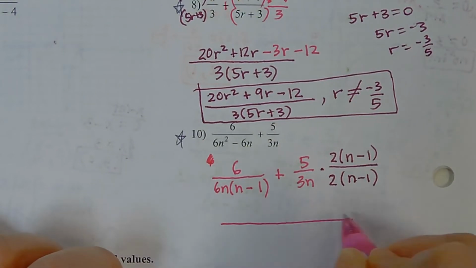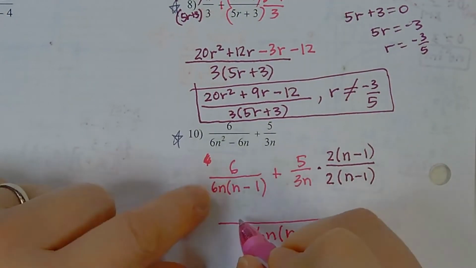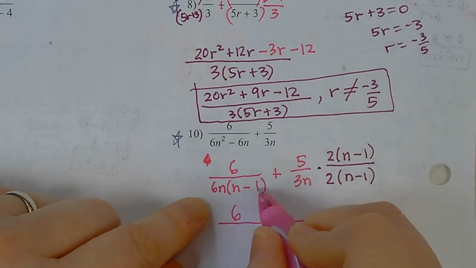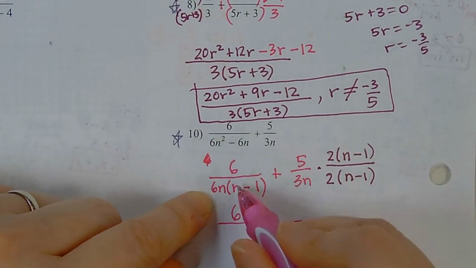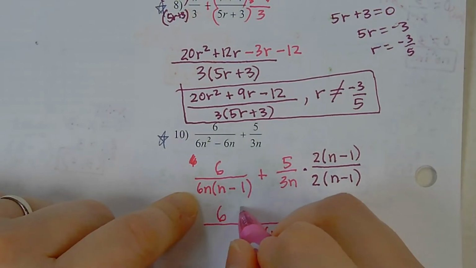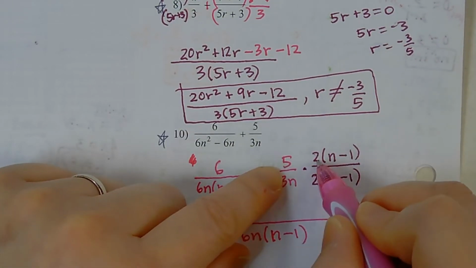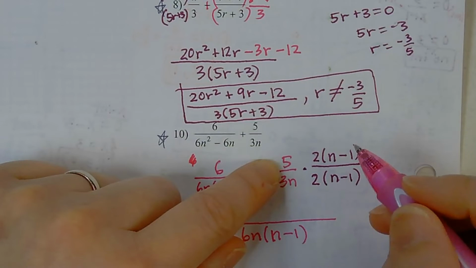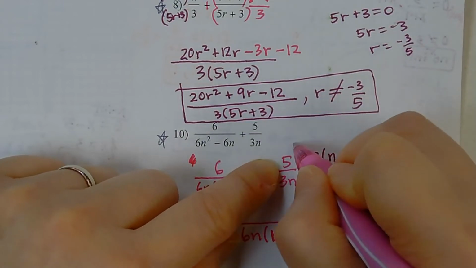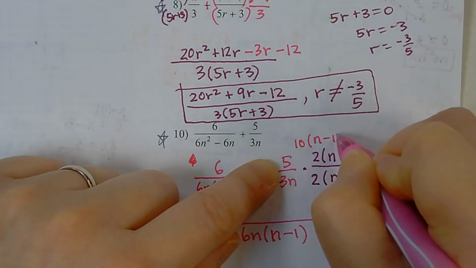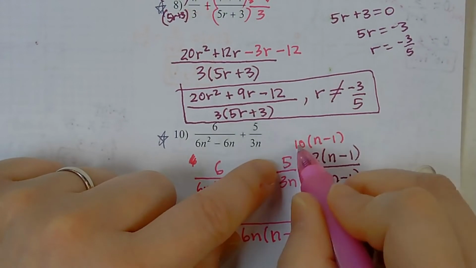The denominator is going to be just 6n times n minus 1. The numerator here, 6, is just going to stay at 6. Nothing to multiply by because the denominator already looks like that, right? Plus, this is going to be 5 times 2, which is 10. So it would be 10 times n minus 1. Now I'm going to distribute.